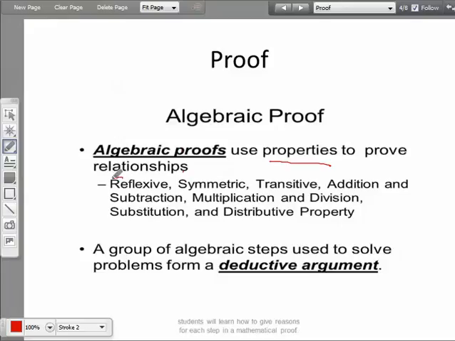Now we've had all these properties, okay? I've talked about the reflexive, symmetric, and transitive property. You know what addition is. You know what subtraction is. Multiplication and division, those are all things that you know what they are, okay? And I've already pointed out the substitution property and the distributive property. So there shouldn't be anything that goes here that you haven't heard of before.